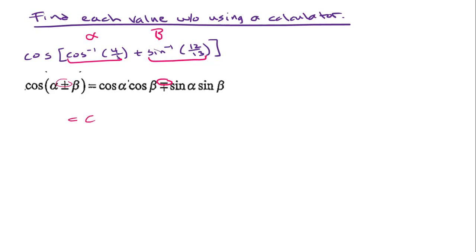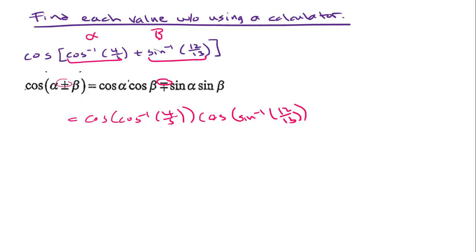So here we're going to have cosine of alpha, which is the inverse cosine of 4/5, times cosine of beta, which is the inverse sine of 12 over 13.